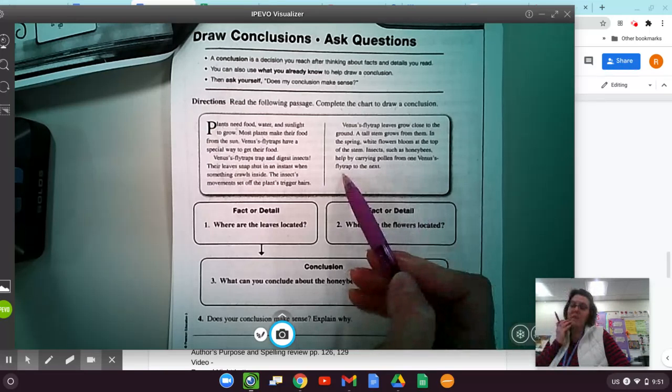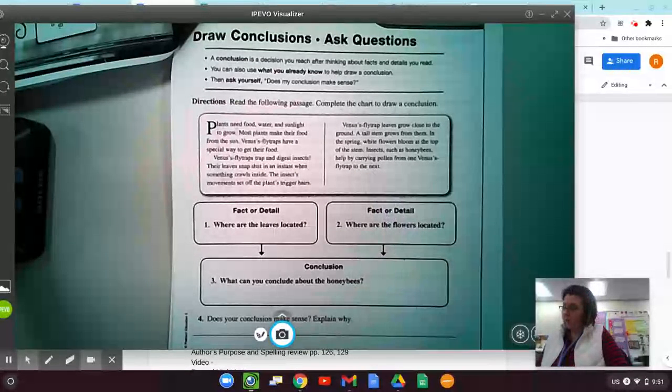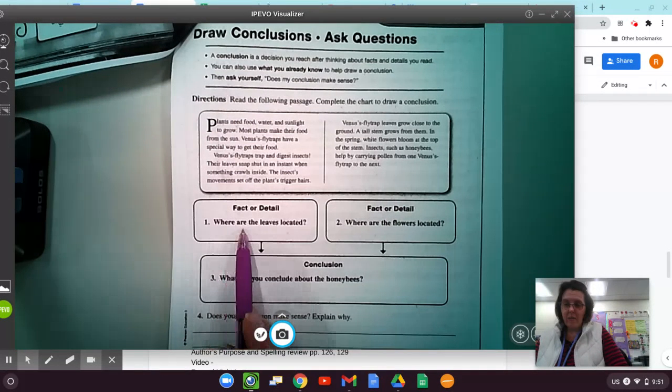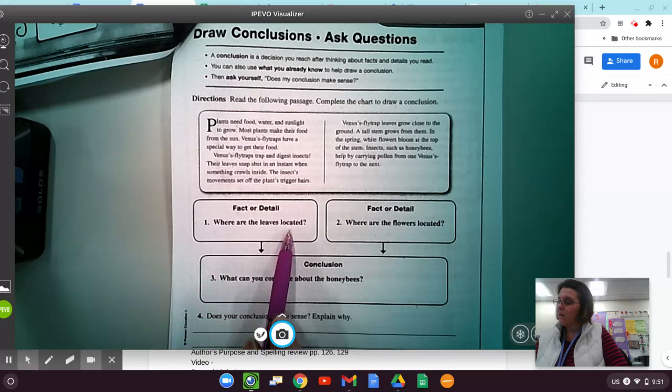All right, so let's talk about what we know. Fact or detail? Where are the leaves located? Well, what did it say? Go back and look and find. Go back up and reread and see if you can find where are the leaves.